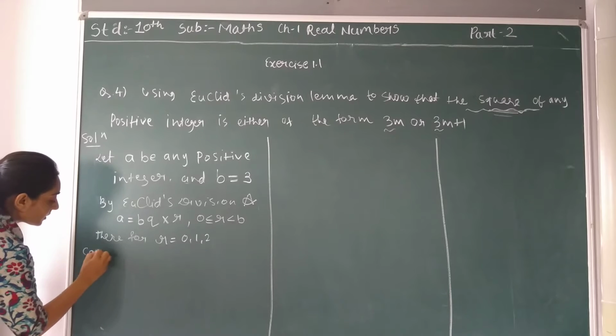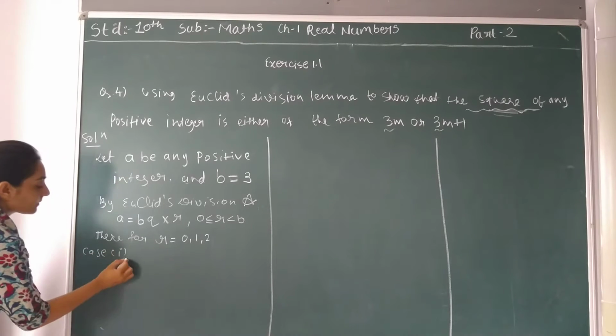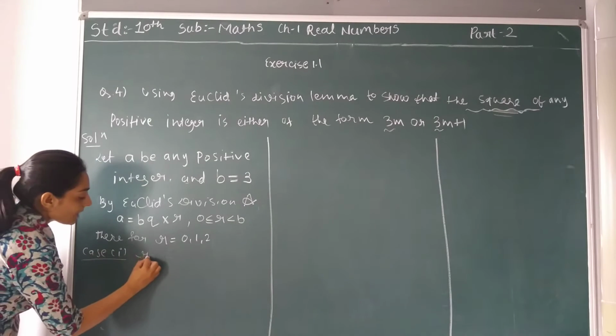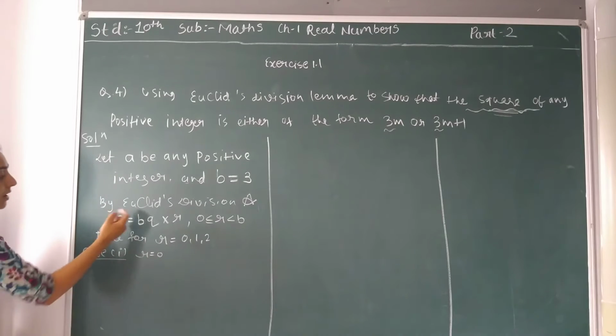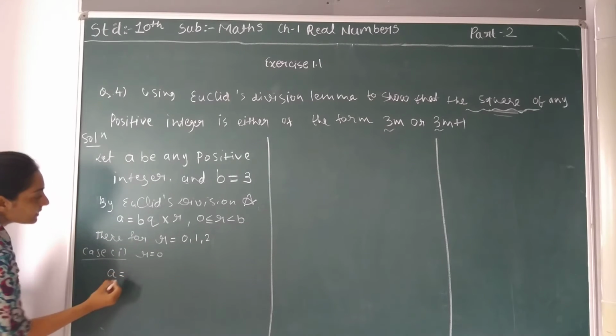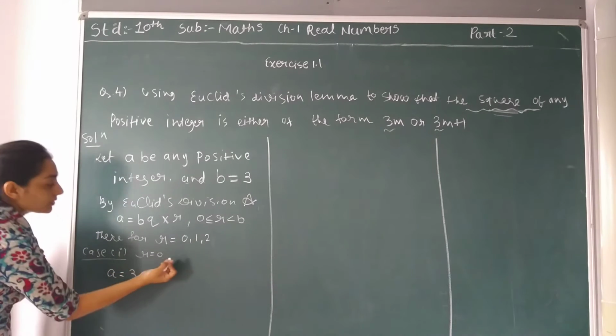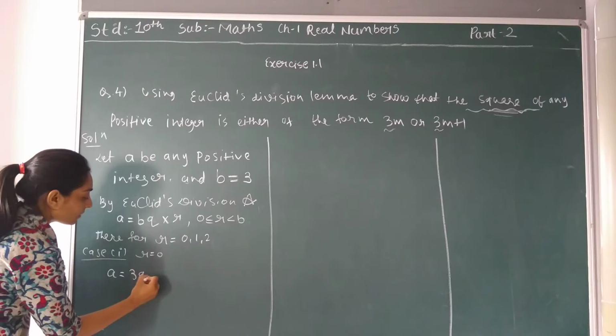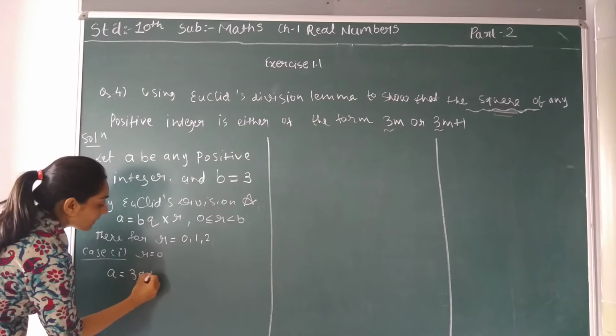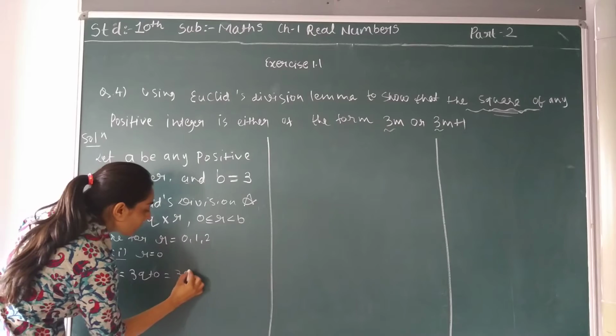Therefore, r equals 0, 1 and 2 only. Now case 1, when r equals 0, my a is 3q plus 0, which means 3q only.